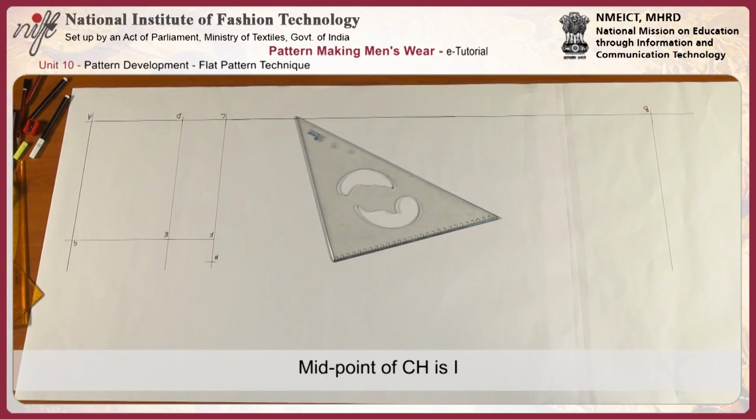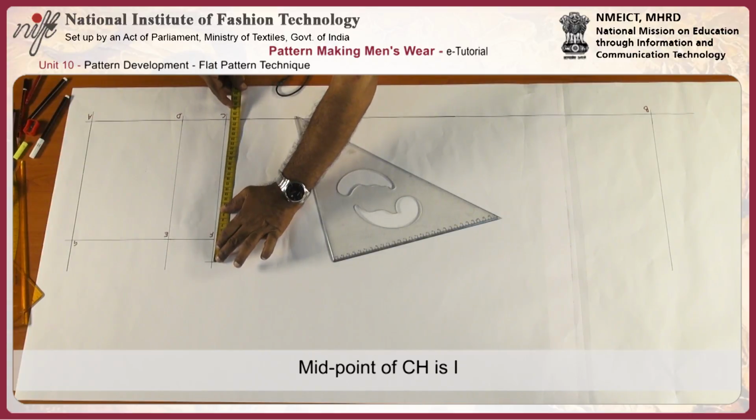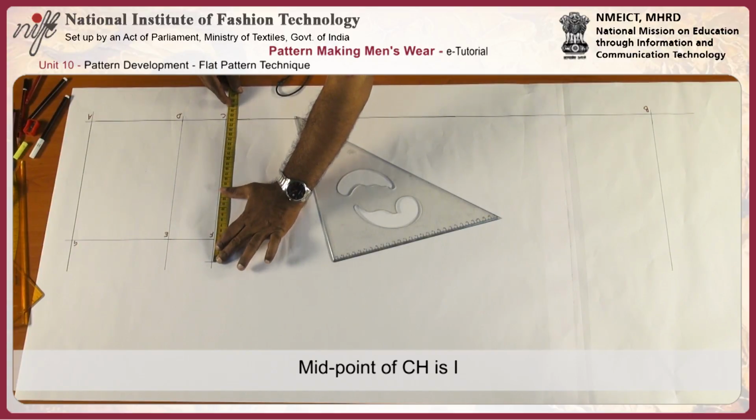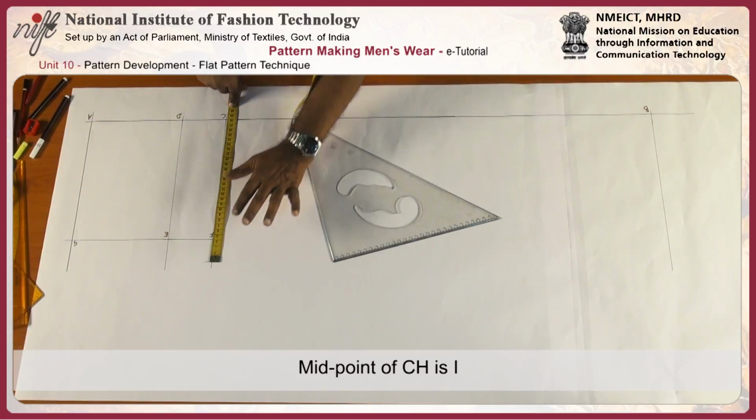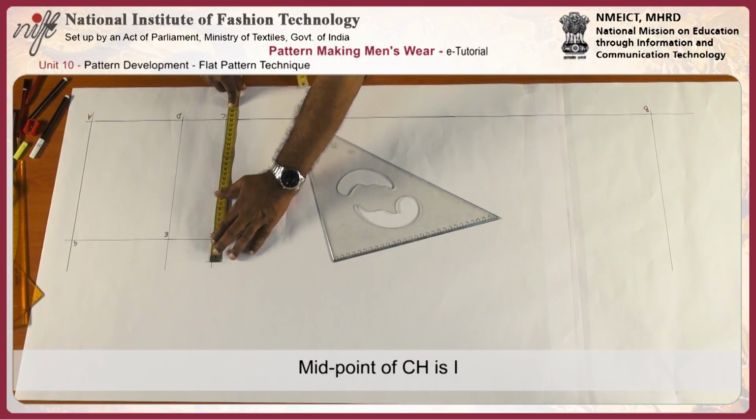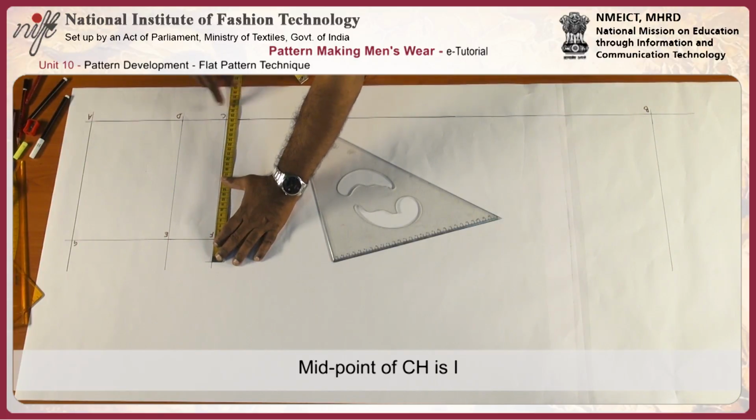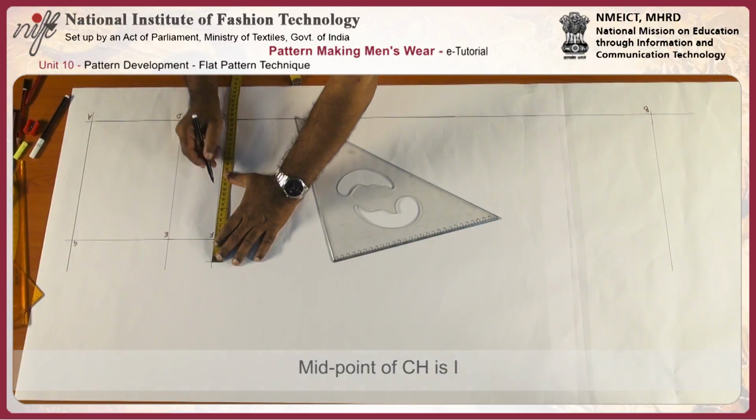I is the midpoint of C and H, which is also a crease line.